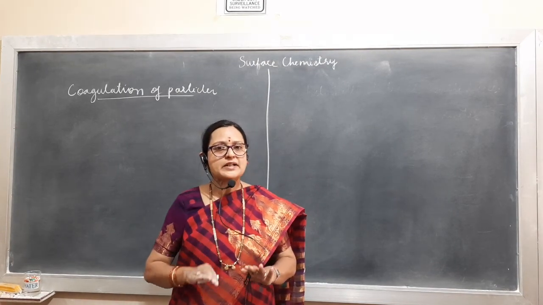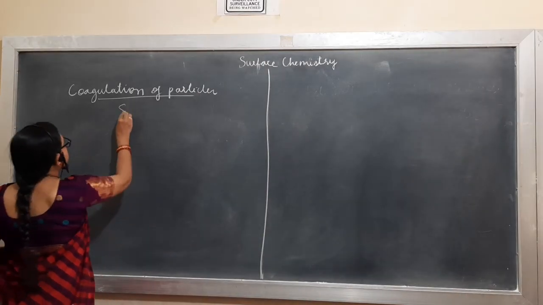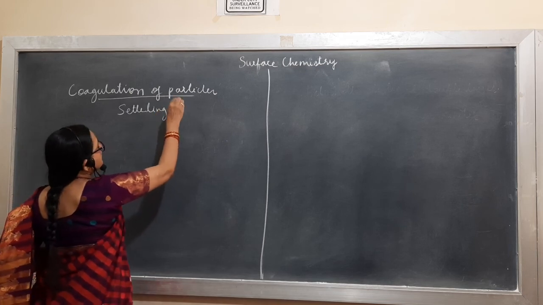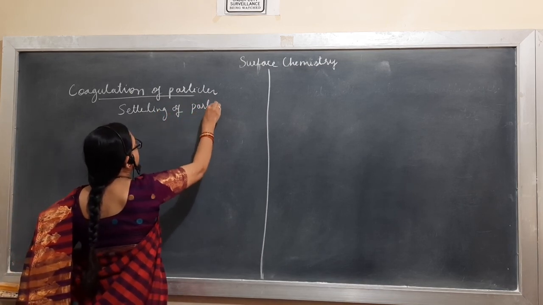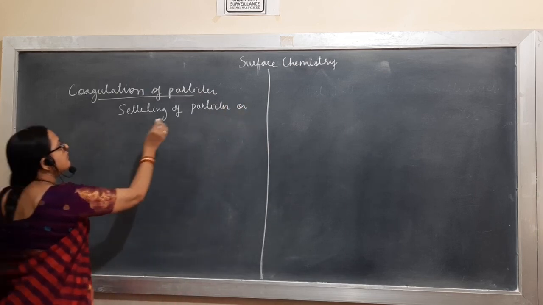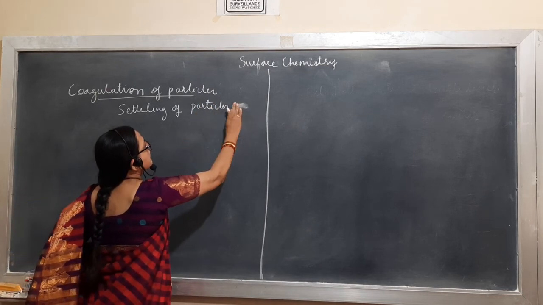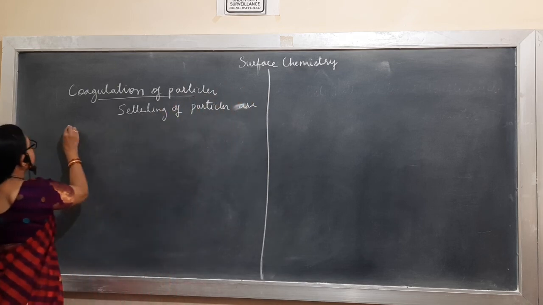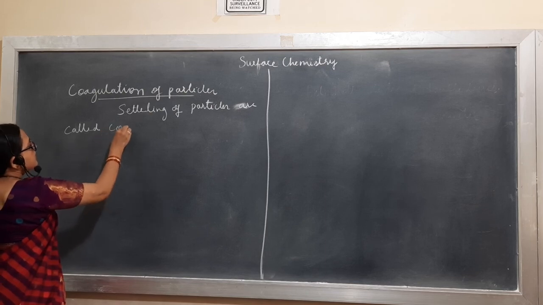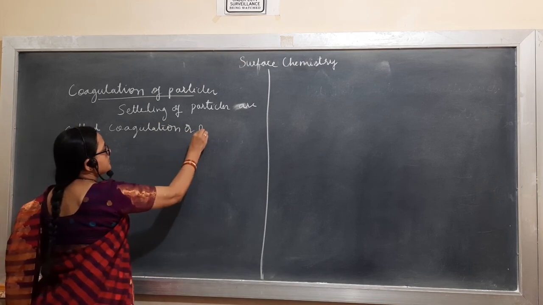The settling of particles is called coagulation or precipitation.